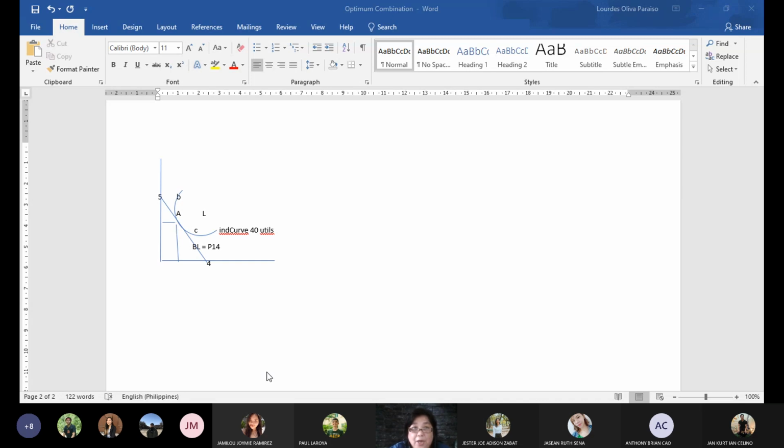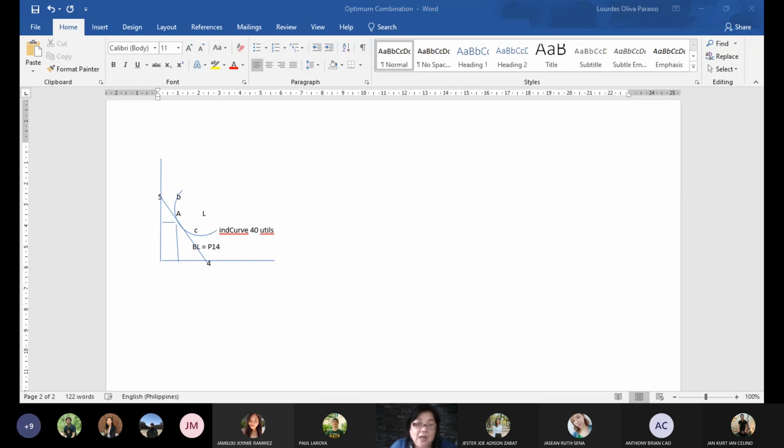What do you call that point when your indifference curve touches that of your budget line? It's called point of tangency, where it represents both cost and budget.